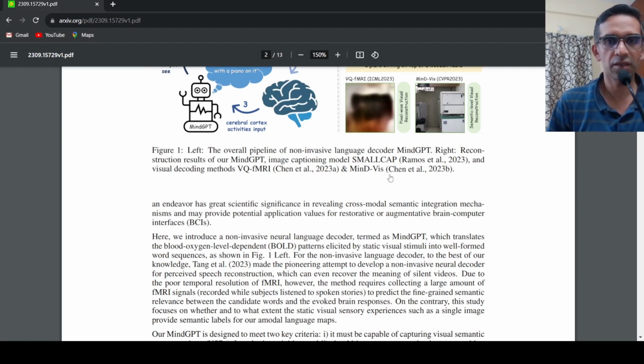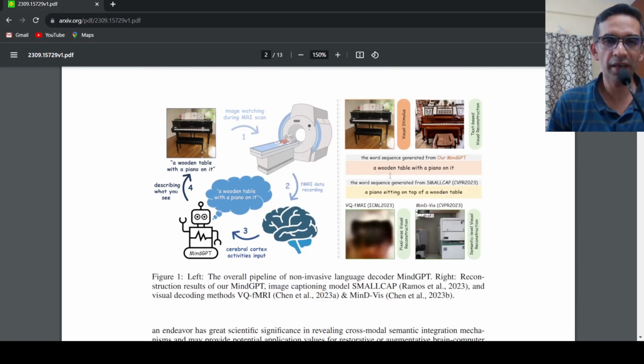I found this fascinating, and I hope that in the future you might have technologies coming up. fMRIs are going to be expensive, fMRIs are going to be tough to do, but then maybe you have some other technologies which come up which can capture the activity of your brain in a non-invasive way, and then you can convert that brain activity into text.